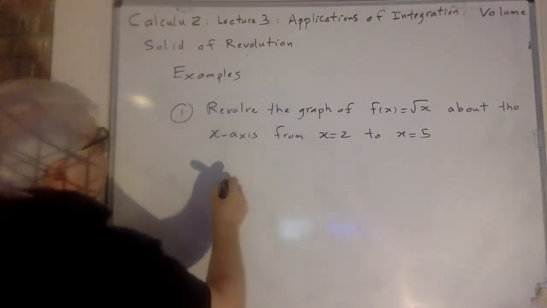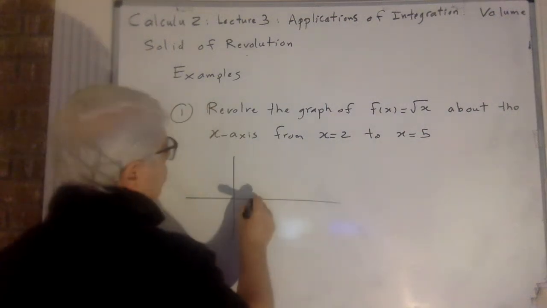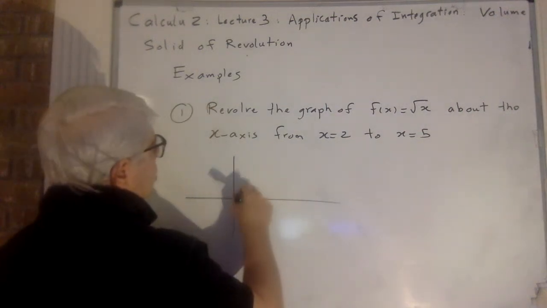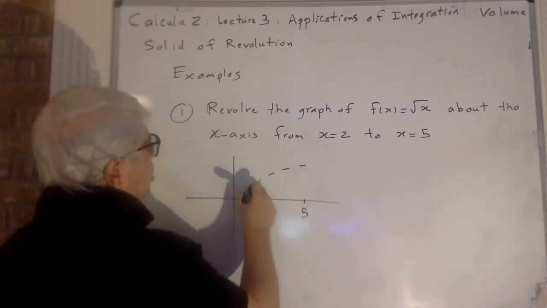Well, it definitely looks like the thing that I had before. So from 2, because the function goes like this, to 5, it should be something like this.